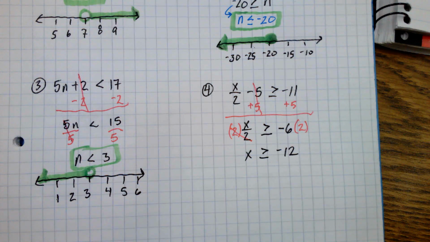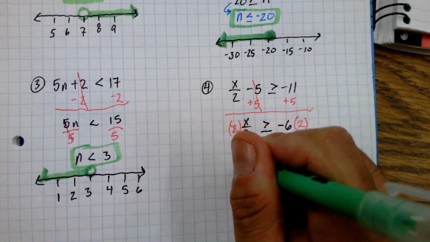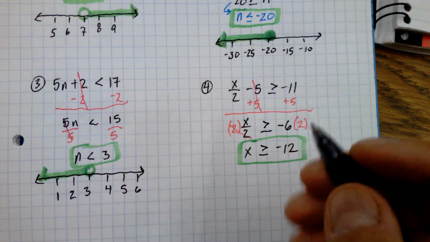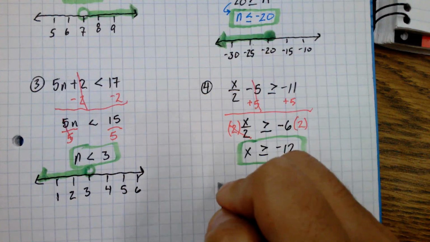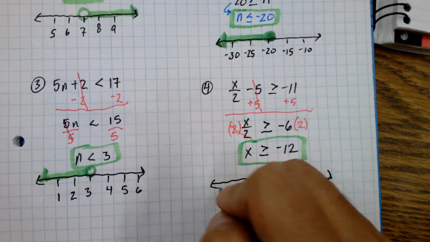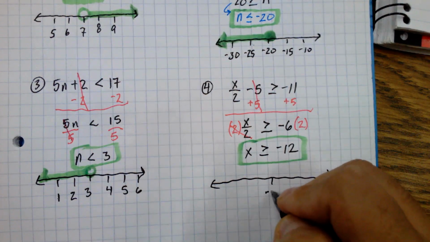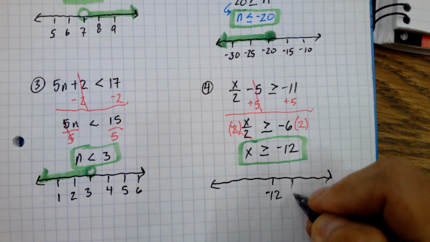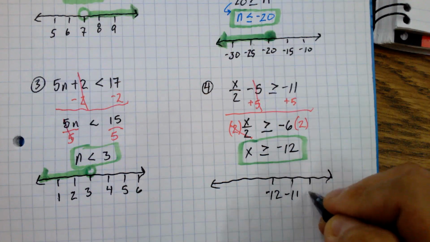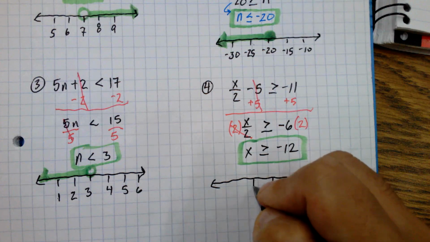Looks good. Let's go ahead and make a number line because this is the graph we want to demonstrate. So number 4 will look like this. Number line, negative 12, negative 11, negative 10.